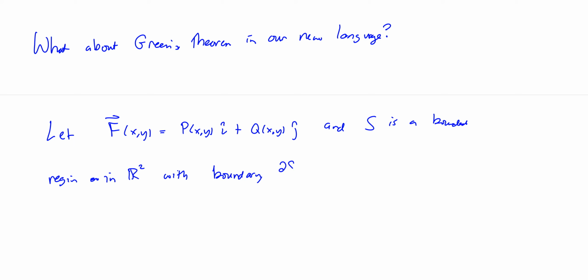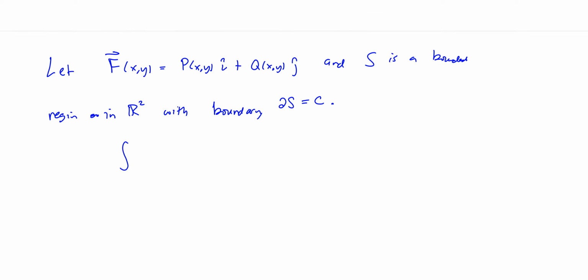Sometimes we'll write the boundary curve with a little delta S. Let's go ahead and call this C. So then one way we wrote Green's theorem was that the integral over C of P(x,y) dx plus Q(x,y) dy is equal to the integral over S of the partial derivative of Q with respect to x minus the partial derivative of P with respect to y dA.